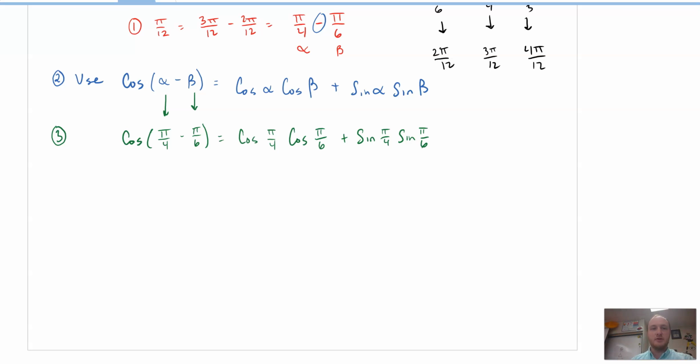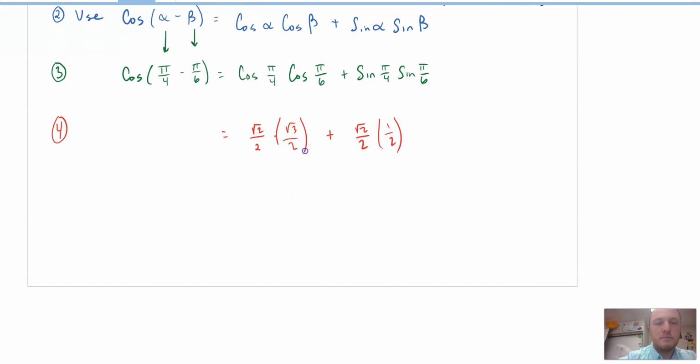Well, now what I have to do is substitute in these values. So cosine of pi fourths is square root of 2 over 2. Cosine of pi sixths is root 3 over 2. Plus sine of pi over 4, that's root 2 over 2, and sine of pi sixths, which is 1/2.